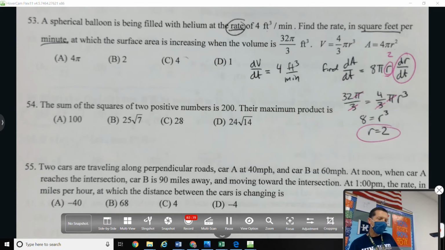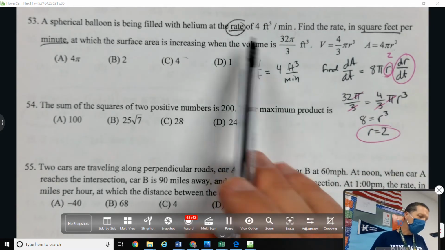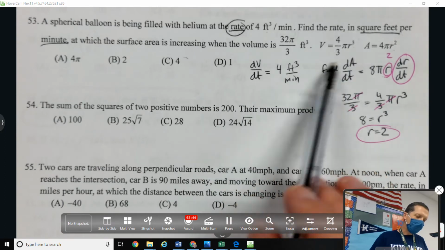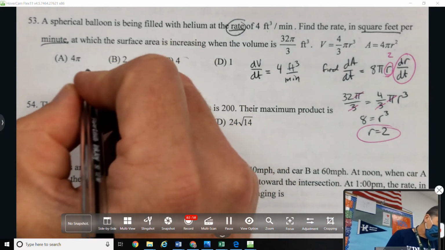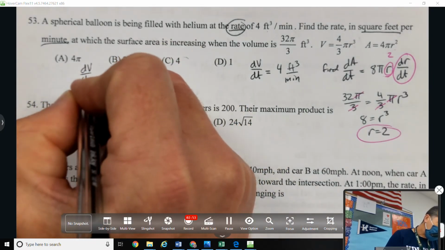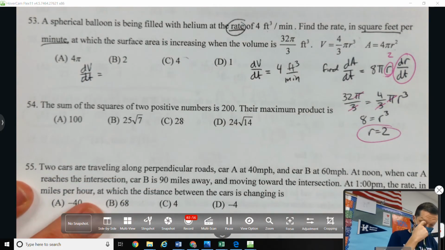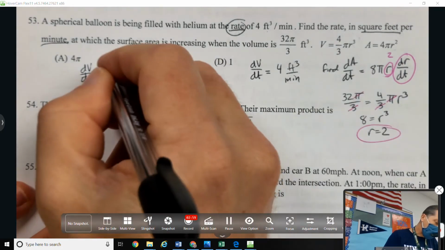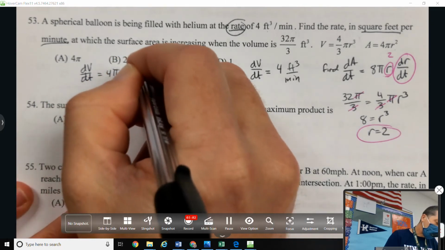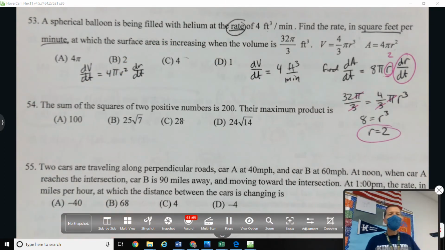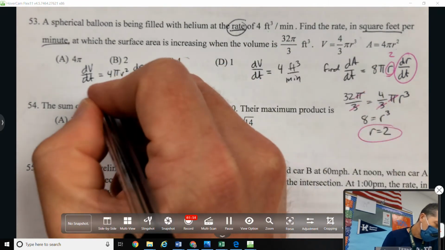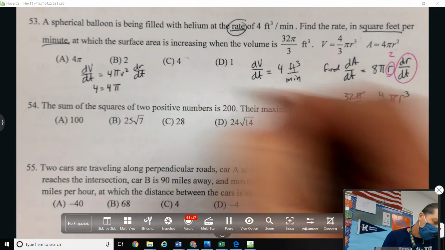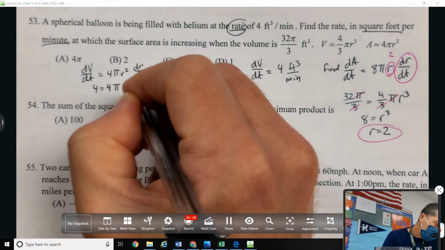Next I need dr/dt, which they don't give me, but they do give me dV/dt. So let's find dV/dt, and I think dr/dt will show up out of that. So dV/dt would be 4 pi r squared times dr/dt. But dV/dt is 4, and we know what r is. r is 2, so 2 squared.